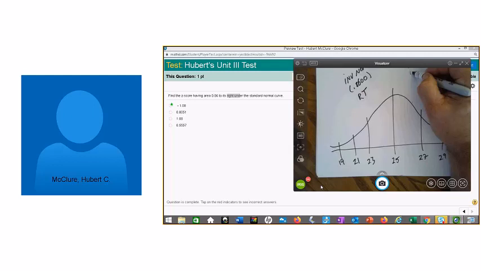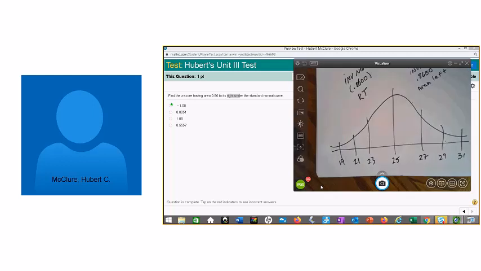If you got an old calculator, inverse norm to 0.8600, and that'll give you the area to the left. Okay, or it'll give you the number. Yeah, it'll give you the z-score. I'm sorry, I'm thinking of something different. You don't have to use right tail. You just need the z-score.